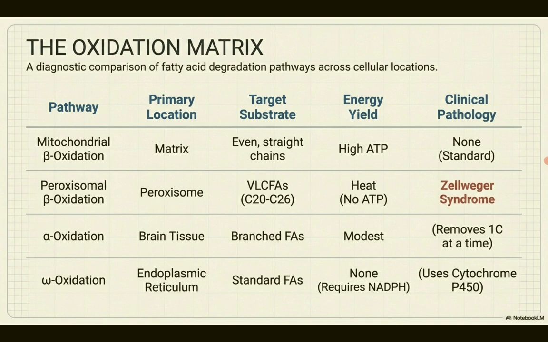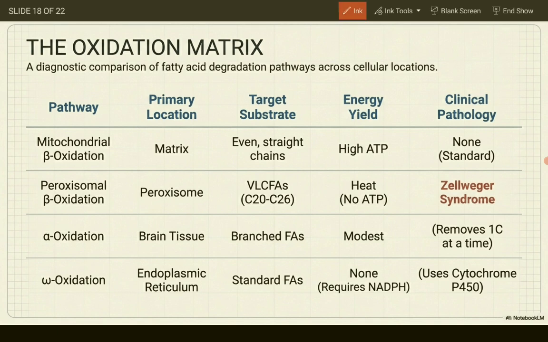Now, the oxidation matrix. Let's see the difference, a diagnostic comparison of fatty acid degradation pathways across cellular locations. Mitochondrial beta oxidation happens in the mitochondrial matrix. It requires even straight chains. Energy is high ATP yield, and there is no clinical pathology involved.